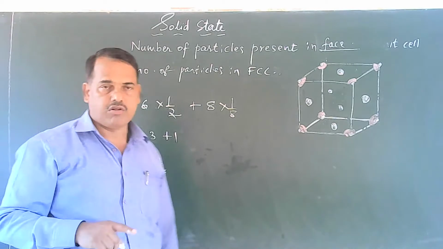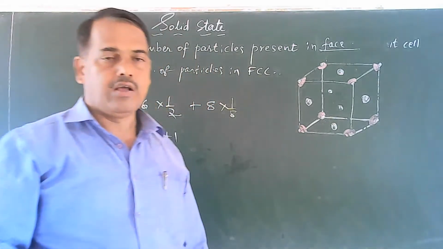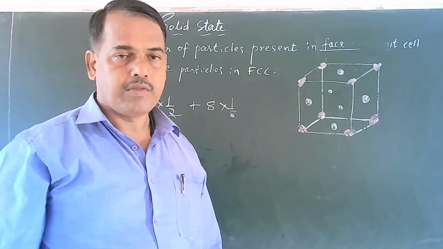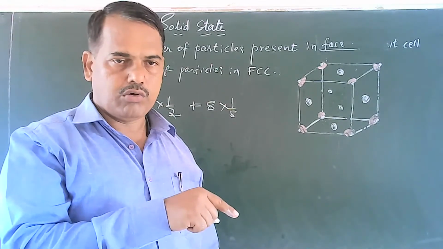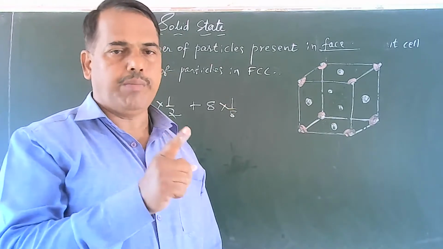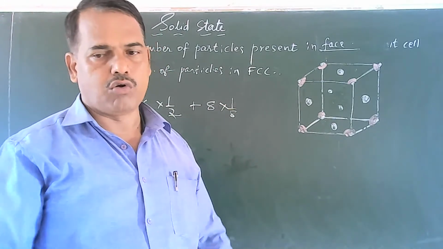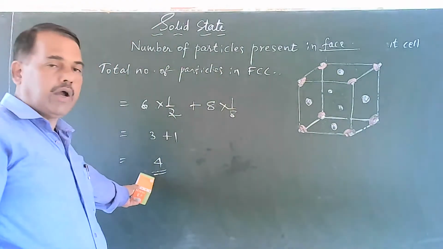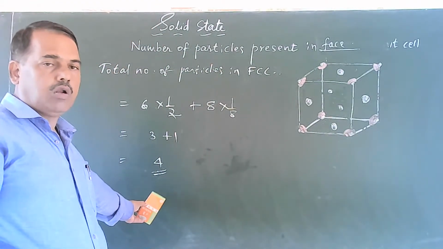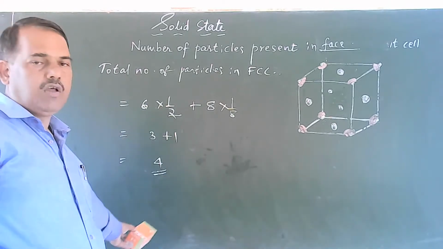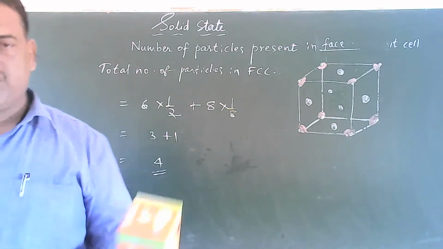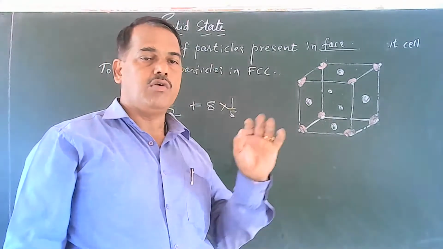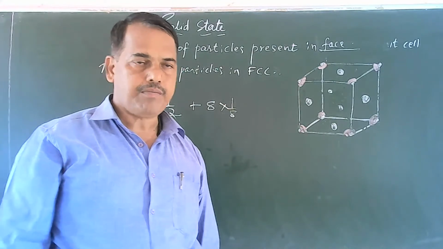The total number of particles present in FCC is 4. How? 6 into 1 by 2 gives 3, and 1 particle from the corner. So totally we get 4 atoms. The total number of atoms or particles present in a phase centered cubic unit cell is 4. Are you clear?